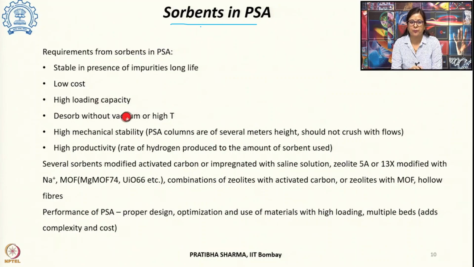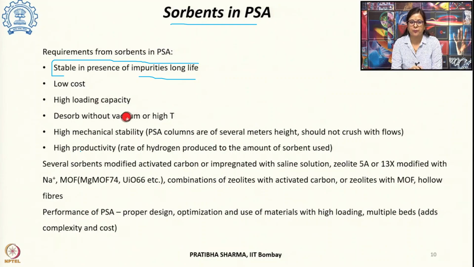Okay, what are the characteristics? What should be the major things you have to keep in mind while you use different adsorbents? It should be low cost and stable in the presence of impurities. It should be stable at high temperature and stable at high pressure, and it should have a long life.